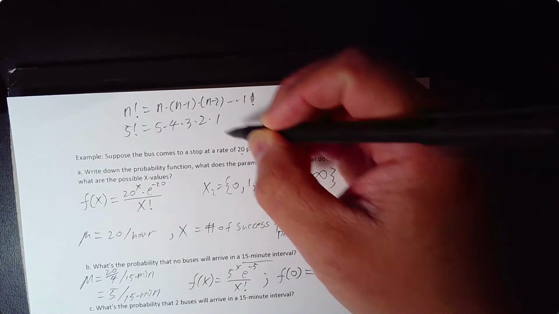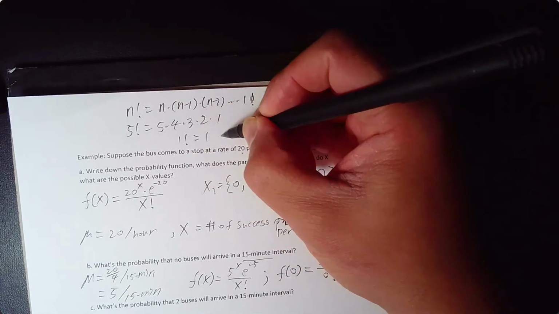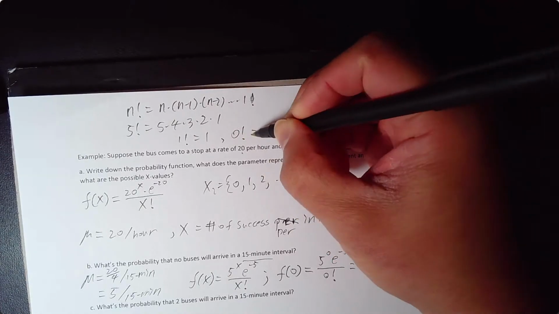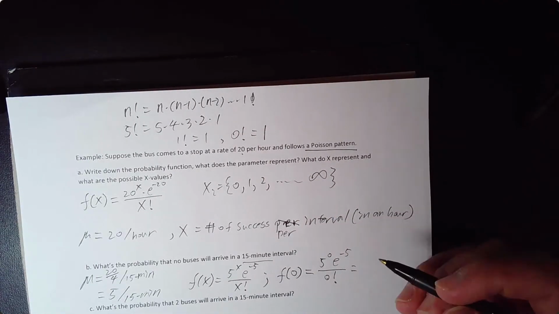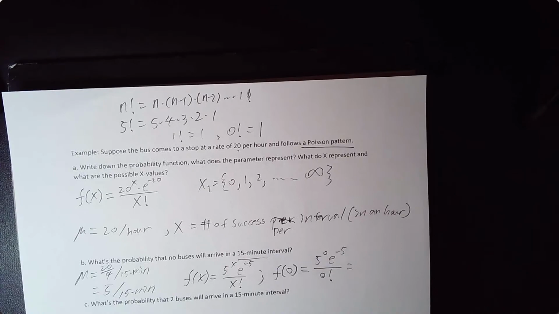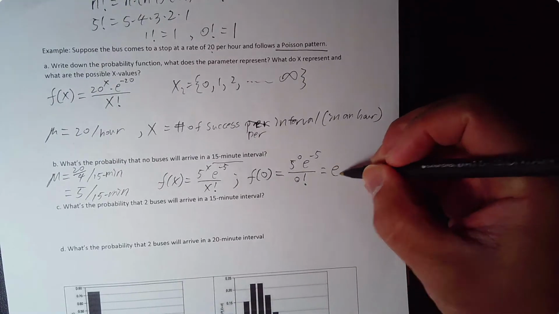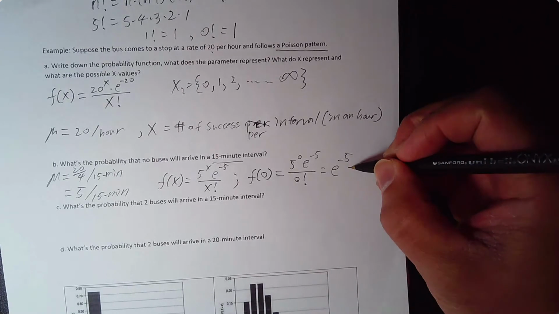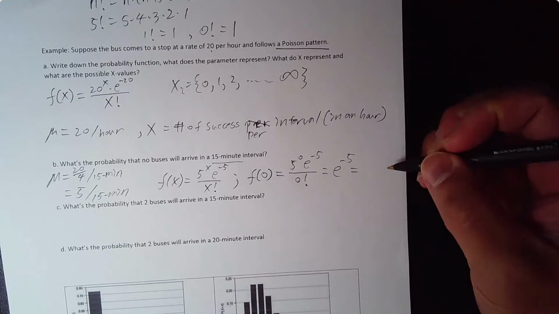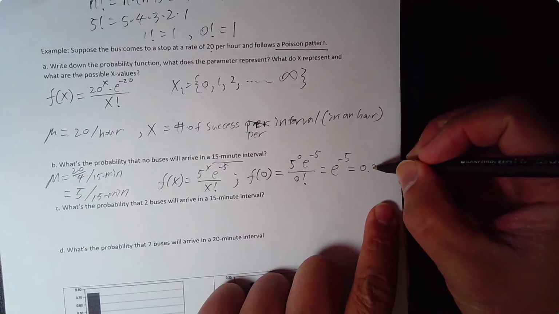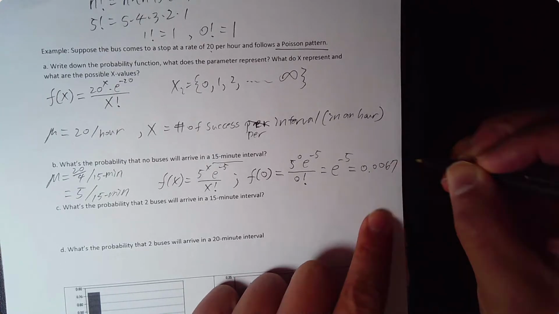So 1 factorial equals 1. Now, strangely, 0 factorial also equals 1. Don't ask, it's just math. Just accept it. So if this is 1 and this is 1, then we really have just e to the negative 5 here. Put that in your calculator, and you should get 0.0067.